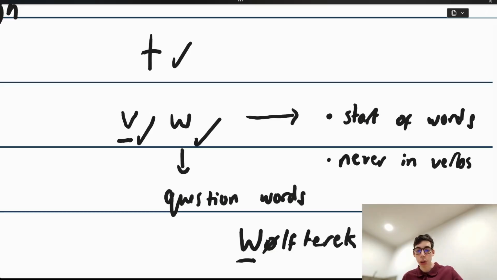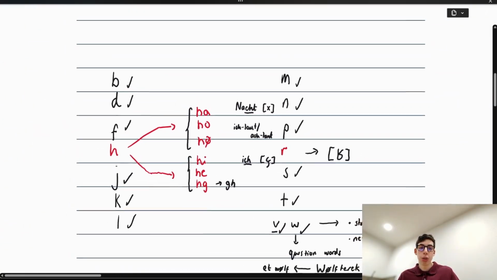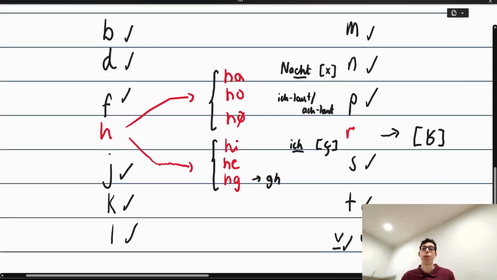That's because the etymology of this word comes from et wolf, which means a wolf, and that itself is a W word. So that's why it's been inherited. I will point them out as we come across them, because ultimately you'll be learning the W words effectively one by one, or it's all the question words, and everything else is going to be a V.